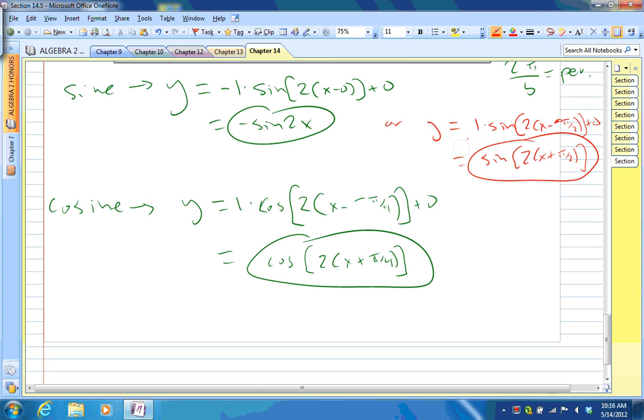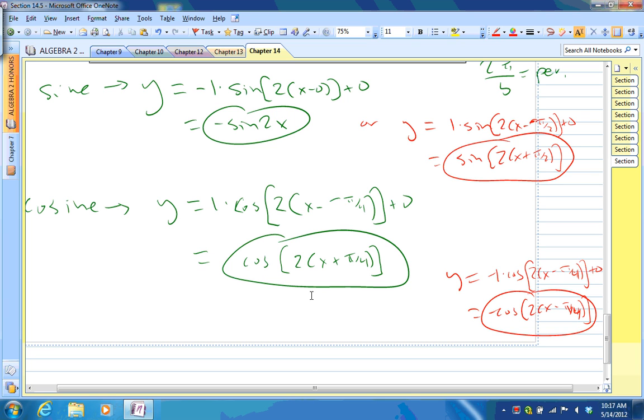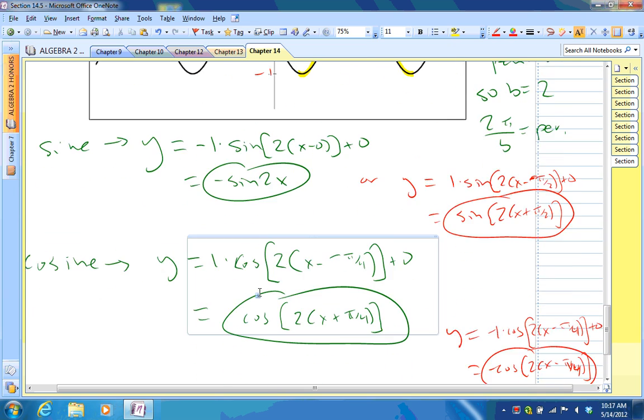So we also could have said y equals negative 1 times cosine 2 x minus pi over 4 plus 0. So you could also have negative cosine of 2x minus pi over 4. So that could have been another answer you could have had as well for this. So there's not just one way you could write these equations.